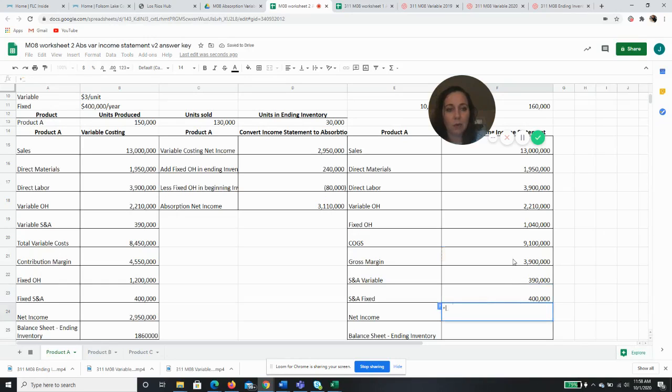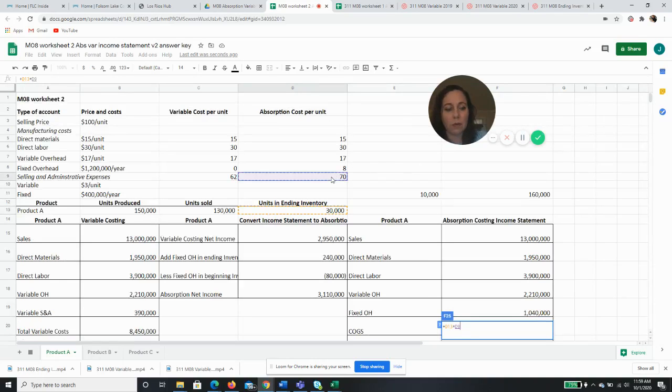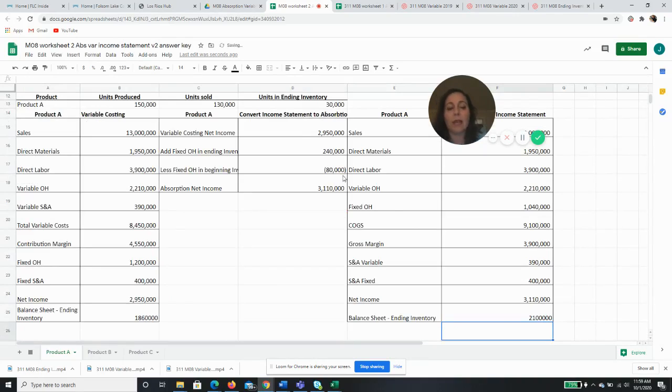And when I take my gross margin of 3.9 million and I subtract my variable S&A of 390 and I subtract my fixed S&A of 400,000, I get absorption net income of 3,110,000, which is exactly what I calculated when I did the quick conversion. Really quick, I'm just going to do my ending inventory because it's on this worksheet, although that's not as critical for what we're doing here. And I've got 210,000 sitting in ending inventory under absorption.